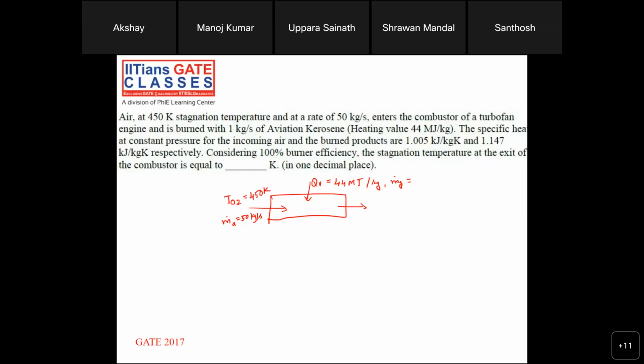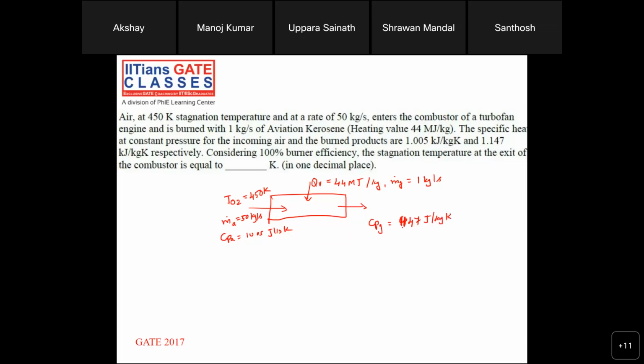At this mass flow rate you are adding that particular kerosene, that is 1 kg per second, and Cp and Cv, of course, are given. Cp of air is 1005 joules per kg Kelvin. Similarly, Cp of gas is given to be 1147 joules per kg Kelvin.